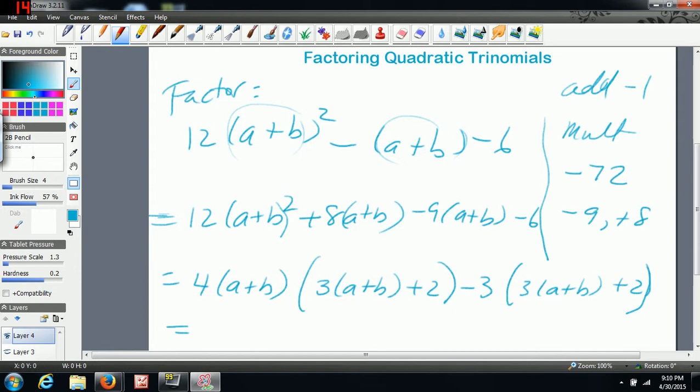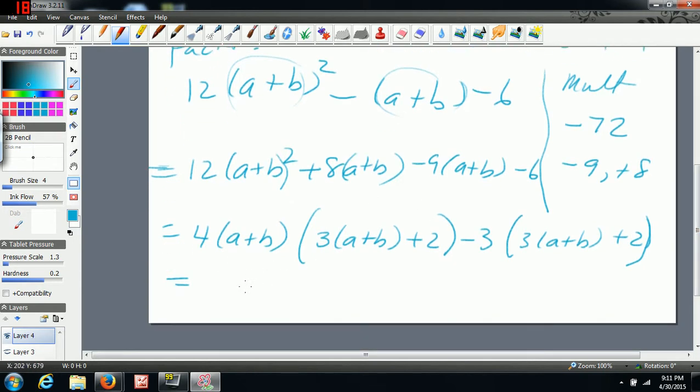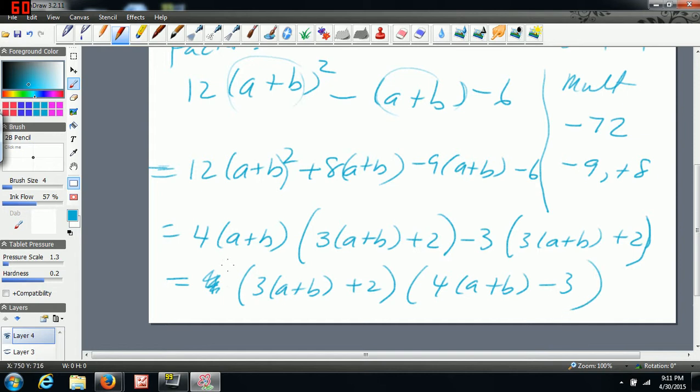And at this point, you could factor this thing right out of here. So (3(a plus b) plus 2) times (4(a plus b) minus 3). Okay, so there's that one. I'm just thinking if we should simplify it.